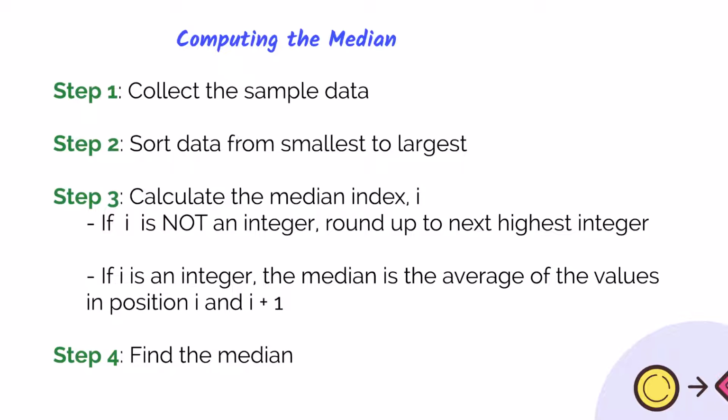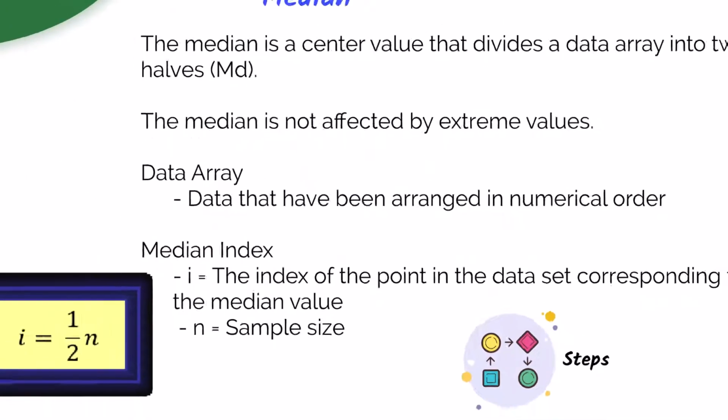If the index is not an integer, we're going to round up to the next highest integer, and then the value at that index position in the data is the median. If the index is an integer, then the median is the average of the values at the index position and the index position plus 1.